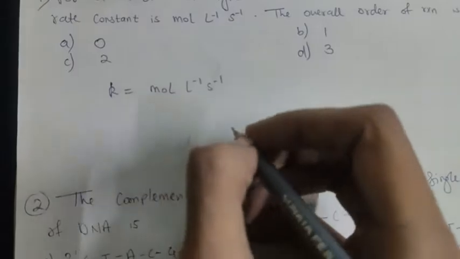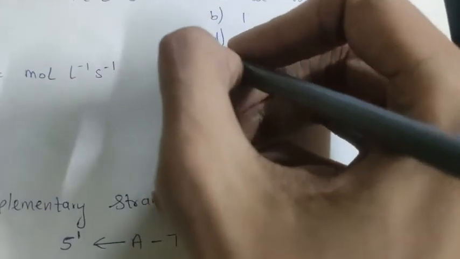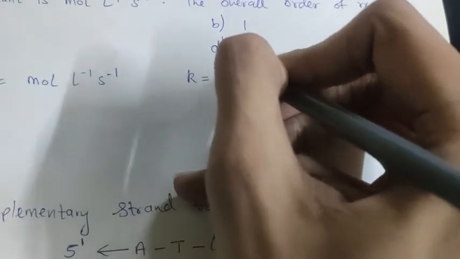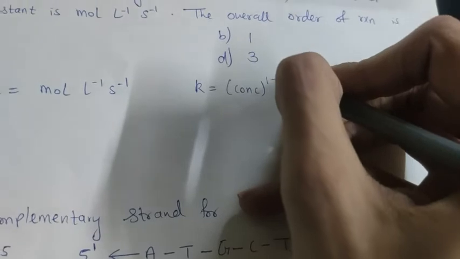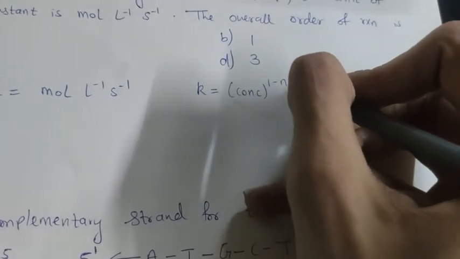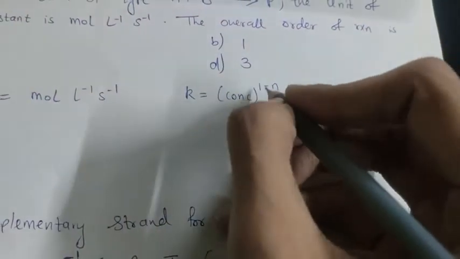So for this we have one trick. The trick says that the unit of rate constant is concentration raised to 1 minus n, and time raised to minus 1, where n represents the order.